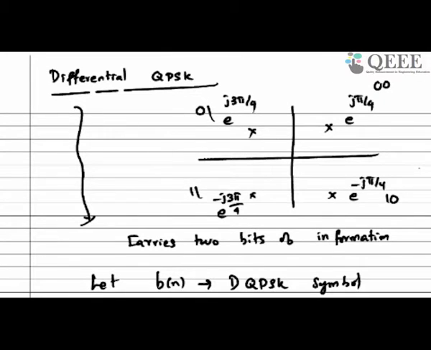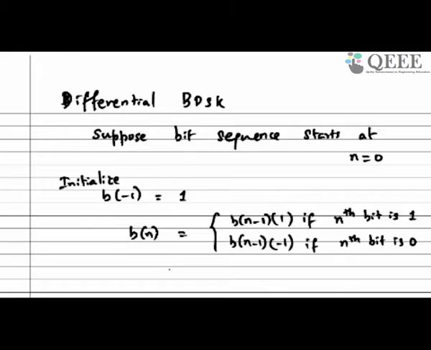So now, differential BPSK I can write in this method also. The current symbol B of n I send now is the previous symbol times 1 if the bit is 1, and the previous symbol times minus 1 if the bit is 0.